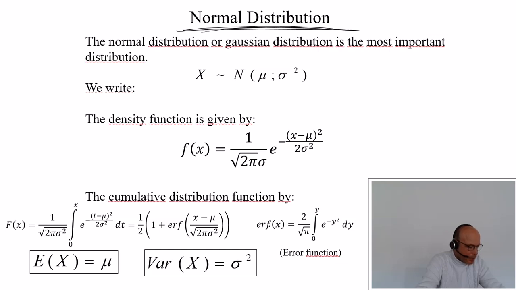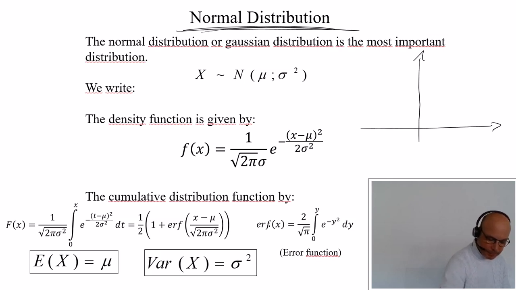Normal distribution. You have dealt with the normal distribution in your introductory course, or also in school. The density function has this famous shape, f of x, this Gaussian curve.